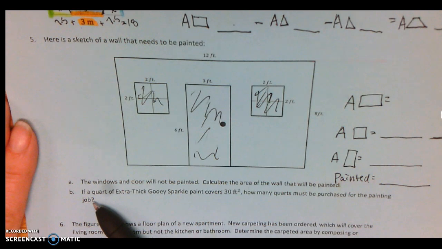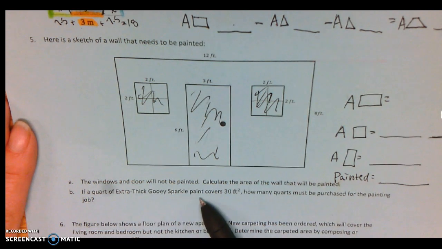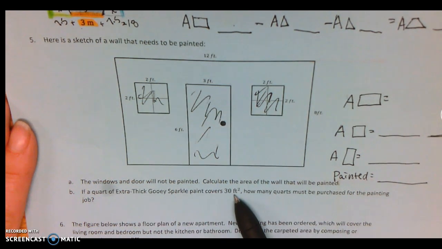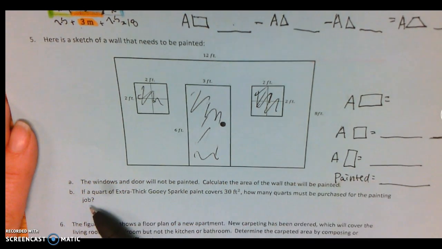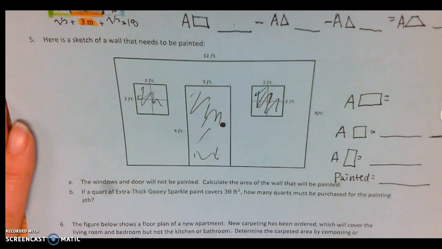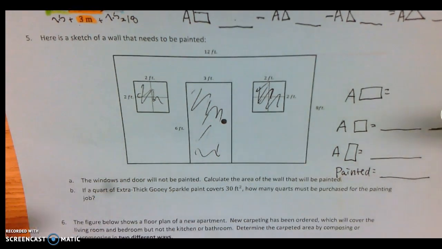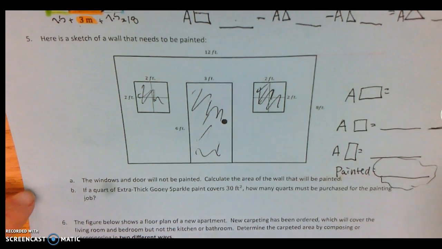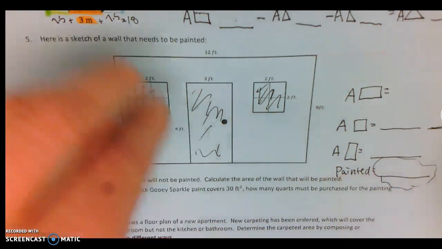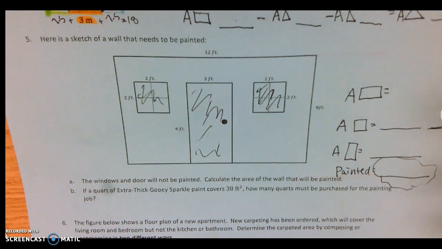Then part B says, if a quart of extra thick gooey sparkle paint covers 30 feet squared, how many quarts must be purchased for the paint job? So that tells me that I need to look at my amount that needs to be painted, which would be my answer that I found there, and then I need to break it into how many 30 feet pieces are in there, how many 30 feet squares are in that piece.